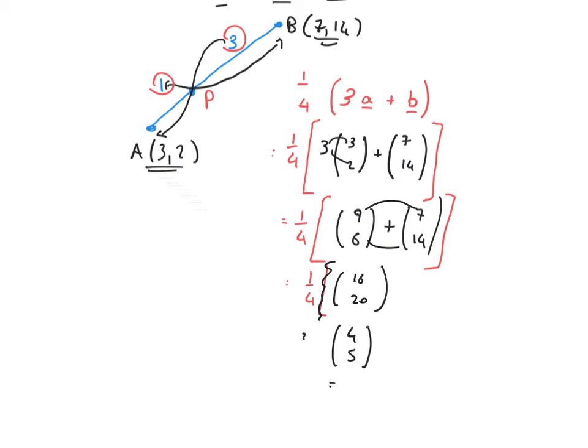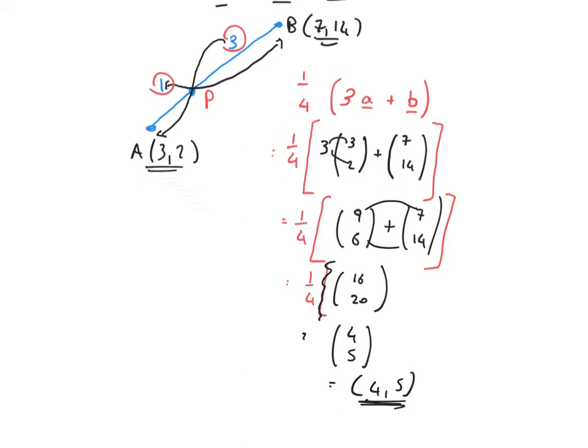And my final move then is to write it back as a point, a position on a plane, and that is (4, 5). The point P is (4, 5). So let me just go over that again. You multiply the opposites, 3 times A plus 1 times B. You then divide that by the sum of the parts. 1 plus 3 is 4, divided by 4, that's a quarter of.